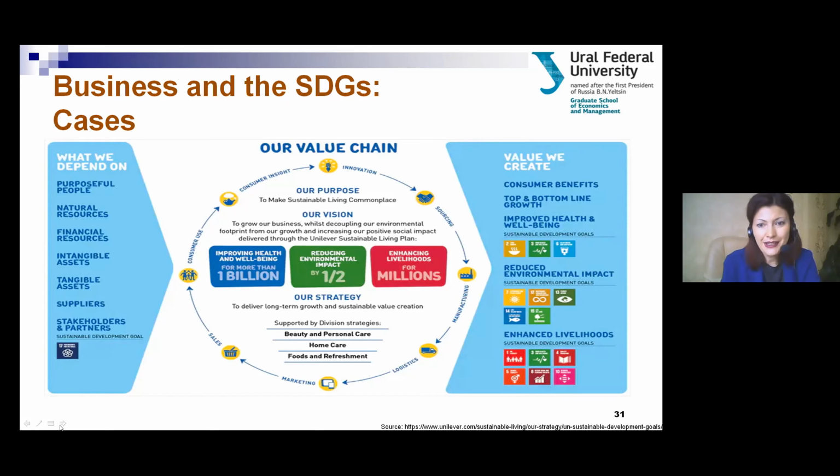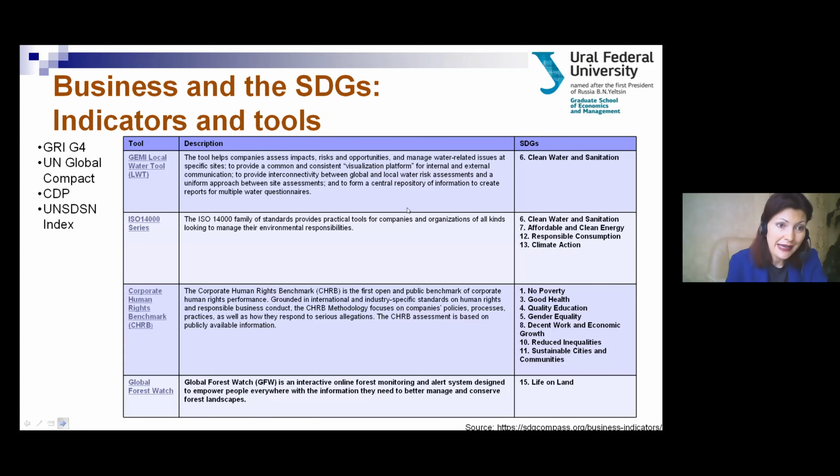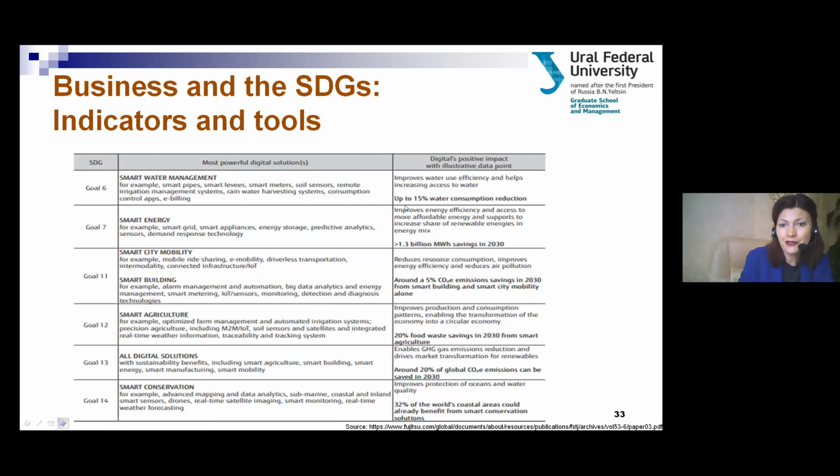Okay, I wanted to share some indicators and tools for SDGs. And you can see that there are some powerful digital solutions for several goals. And you could see how these digital solutions can indicate and measure the results.